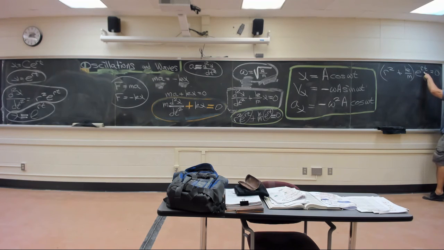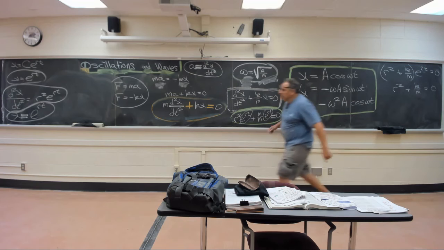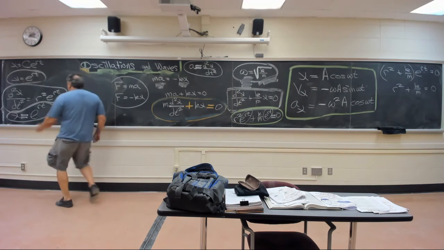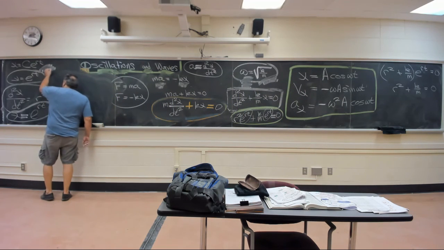That's always a positive number. This is never equal to 0. So divide by e to the rt on each side. Really? Okay, I guess I'm trying to find r, you guys. The big thing was we're looking at these guys kind of running the show.